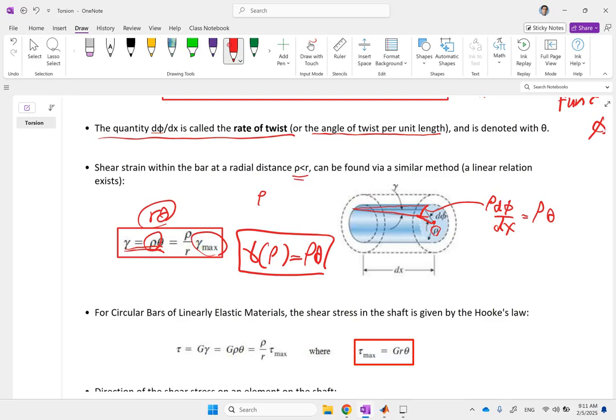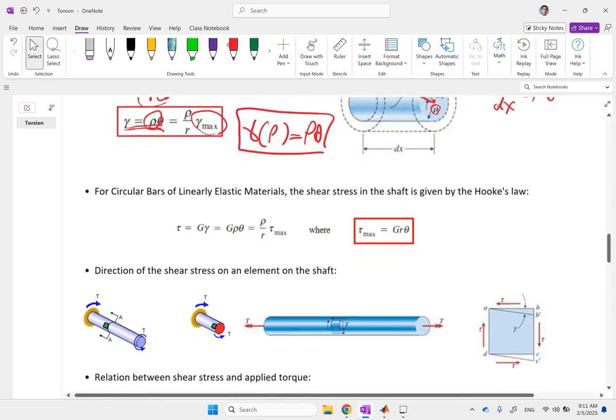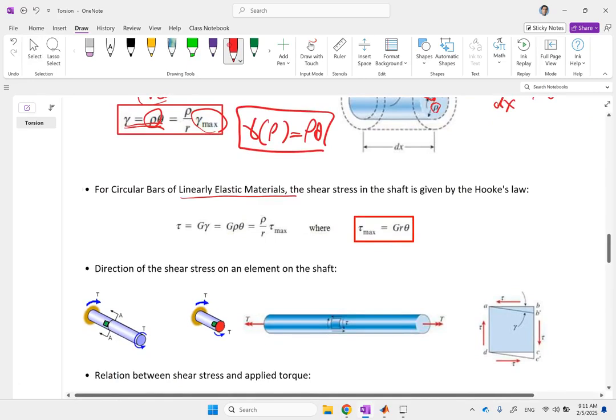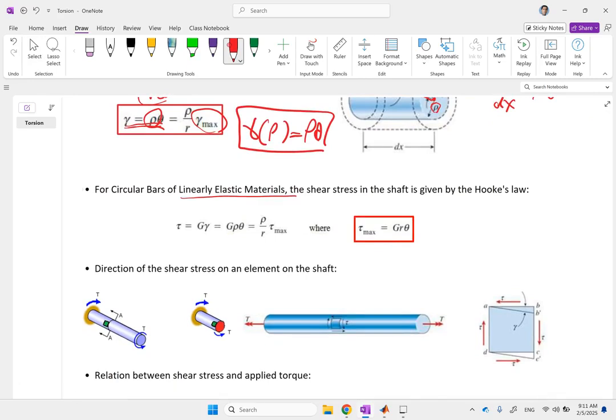Good, the shear strain. Now, if the bar is made of linear elastic material and your level of stress stays within a linear region, then the shear stress is going to be the shear modulus times the shear strain. G times gamma. Gamma was rho times theta in general.